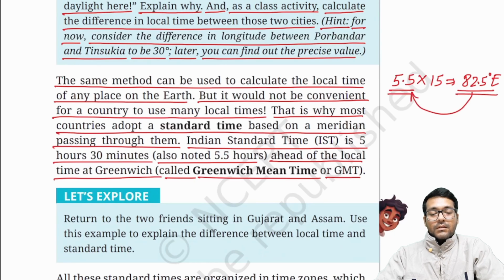It gives a difference of 5.5 hours from Greenwich Mean Time. Actually, India is towards east, so you have to add 5.5 hours to Greenwich Mean Time to get Indian Standard Time or IST.